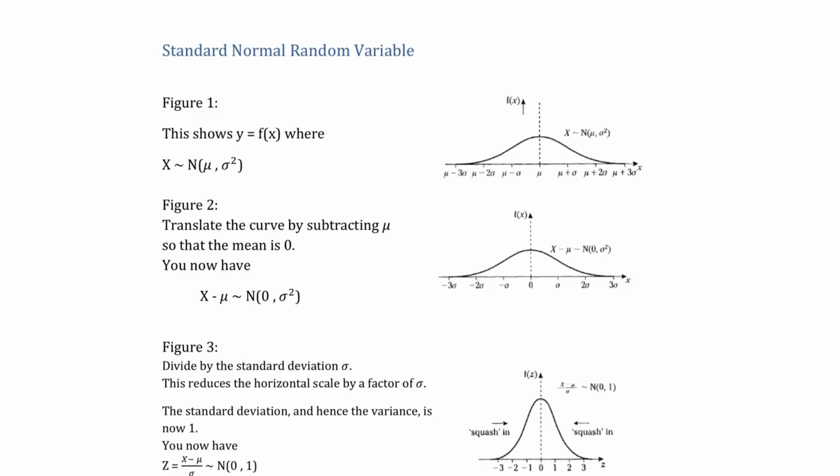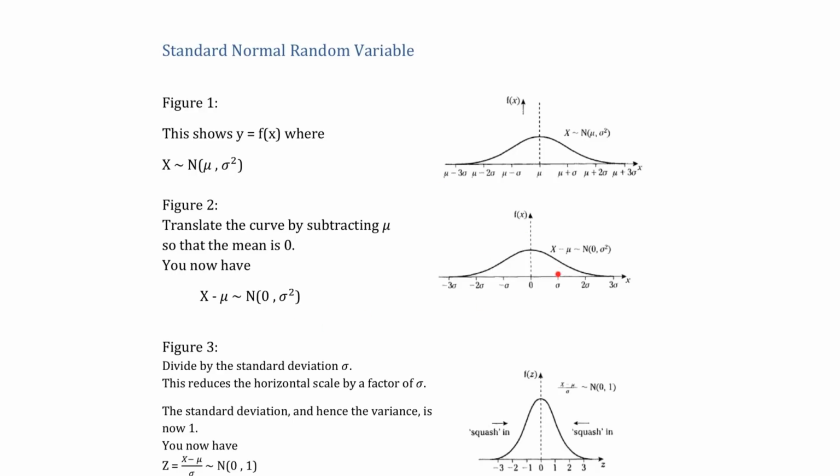If x is normally distributed with mean mu and sigma square is the variance, the mean is over here. Mu plus sigma means one standard deviation above the mean, mu minus sigma means one standard deviation below the mean, and so on.